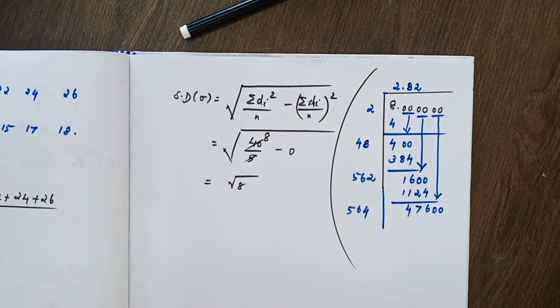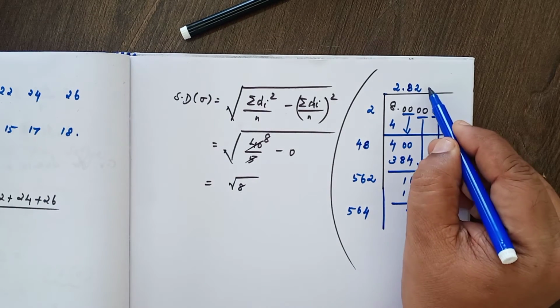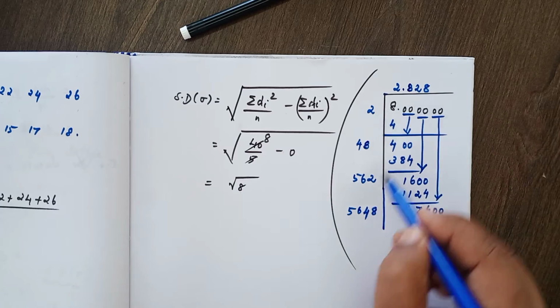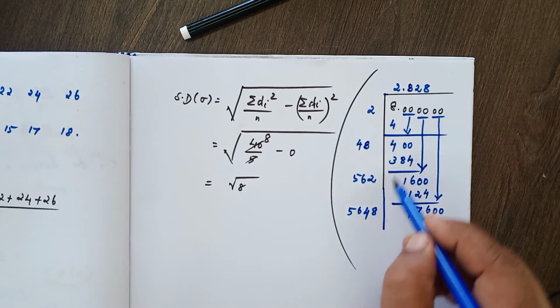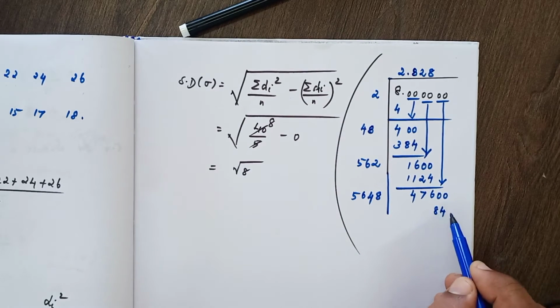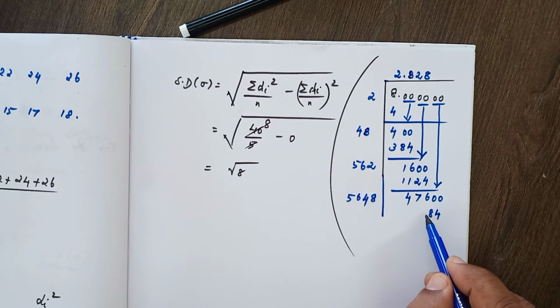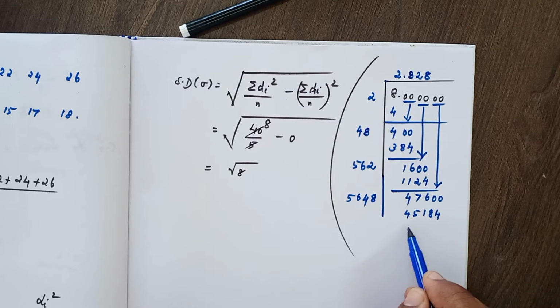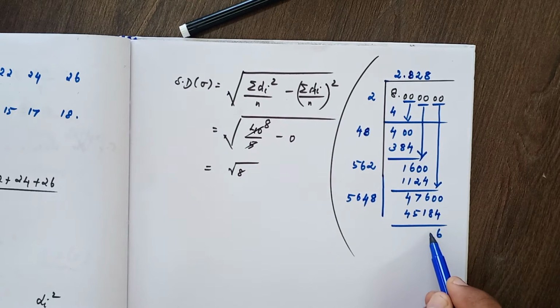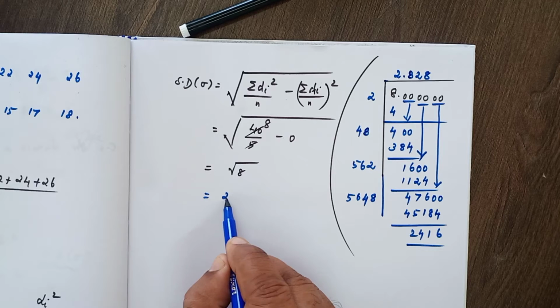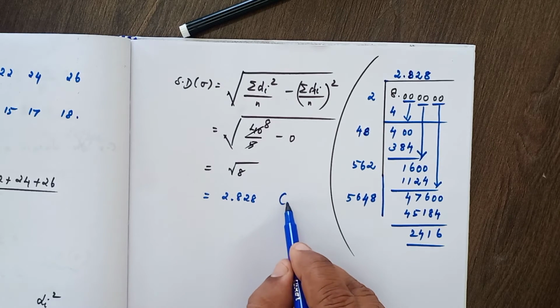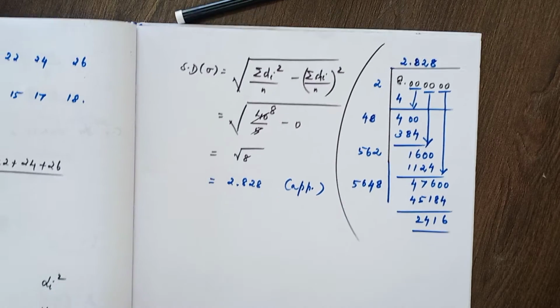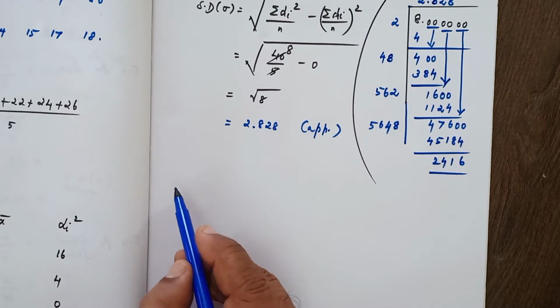How many times approximately? 8 times. 8 8s are 64, balance 6. 8 4s are 32, 32 plus 6 is 38, balance 3. 8 6s are 48, 48 plus 3 is 51, balance 5. 8 5s are 40 plus 5 is 45. Subtract: 10 minus 4 is 6, 9 minus 8 is 1, 5 minus 1 is 4, 7 minus 5 is 2. Enough? That is equal to 2.828 approximately.